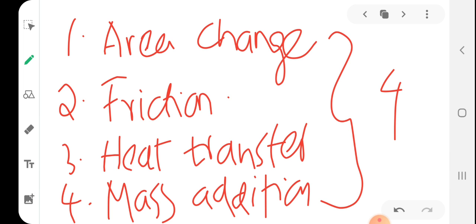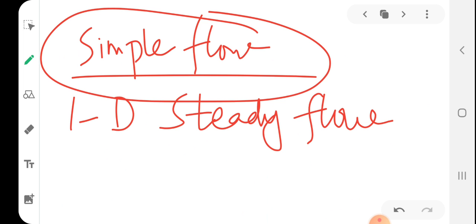Those flows in which only one of those driving potentials is taken into account are called simple flows. Simple flows are those flows where only one driving potential is studied, right?